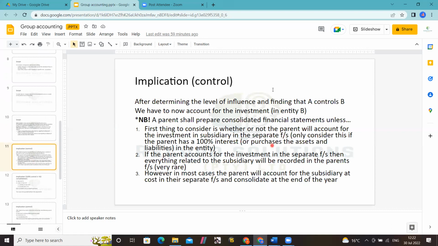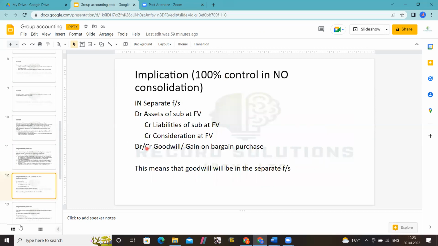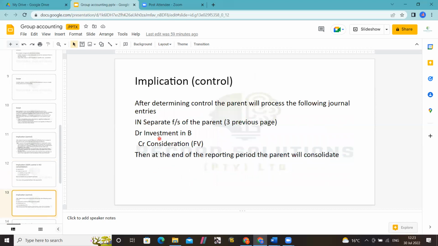So here we're already at implication: we've already determined that we are controlling that entity. Now, if it's any other percentage, then the parent shall prepare consolidated financial statements. What does it mean? It means that in the separate financial statements of the parent, because it's very important to know separate and consolidated.